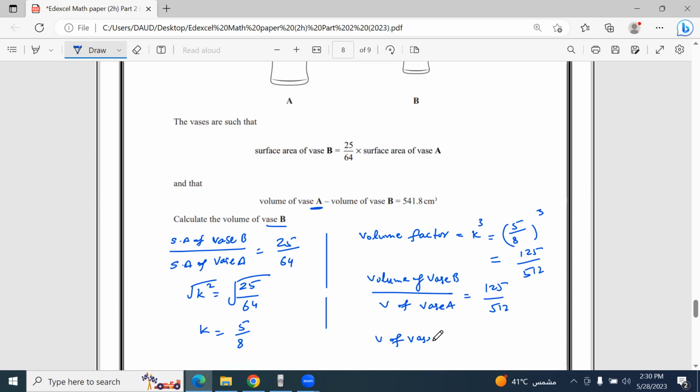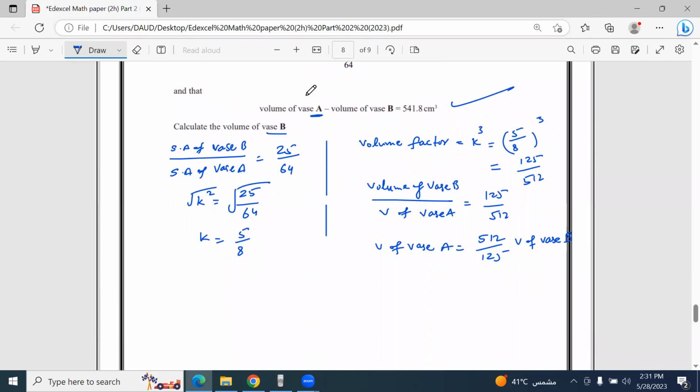If you cross multiply, the reciprocal of 125 over 512 is 512 over 125, multiplied by volume of vase B. Use this value in the given function, in place of volume of vase A. I will write 512 over 125 volume of vase B minus volume of vase B is equal to 541.8.